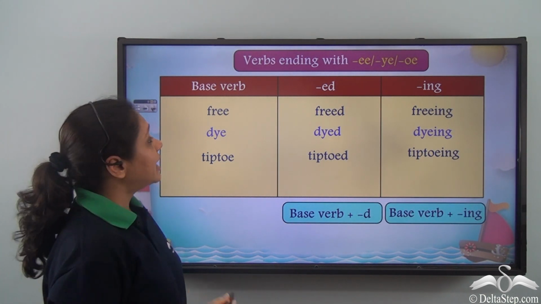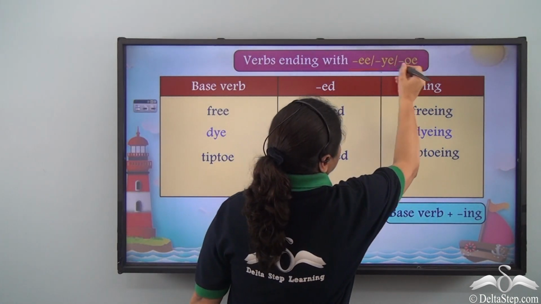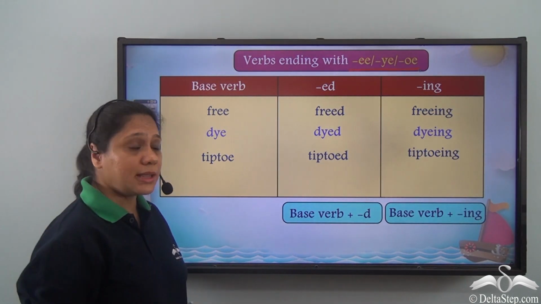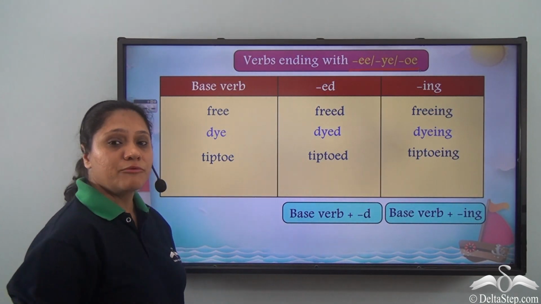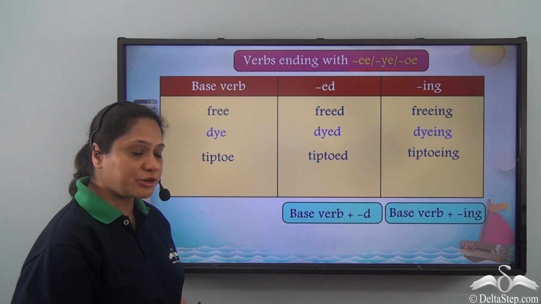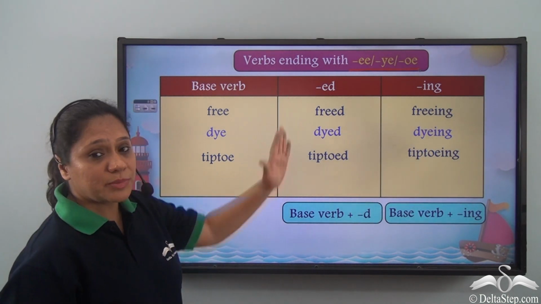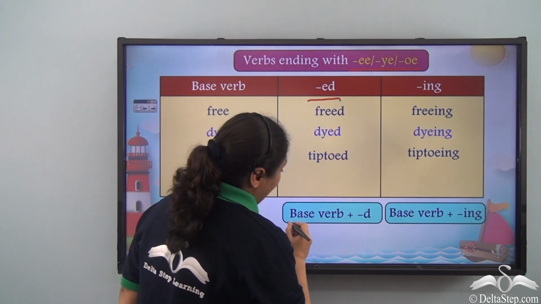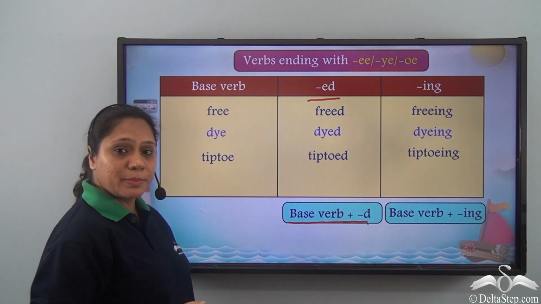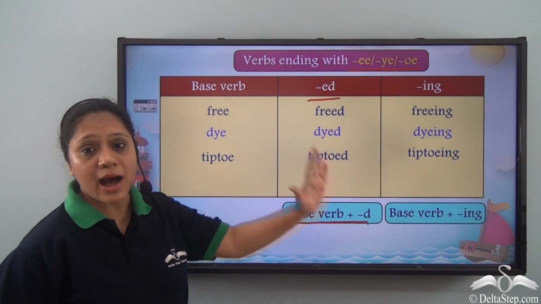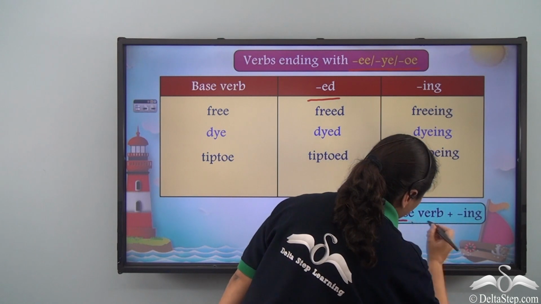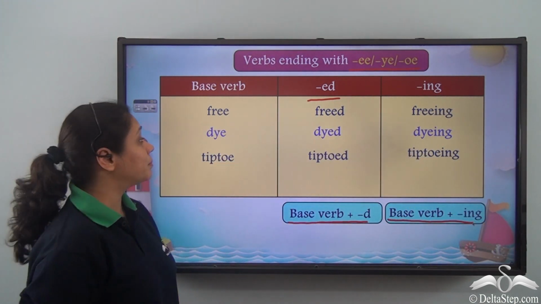For verbs that end with double e or ye or oe, we follow a slightly different rule. Then to form the ed form, we add just d to the base verb, and to form the ing form, we add ing to the base verb.